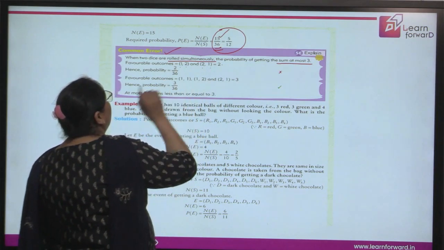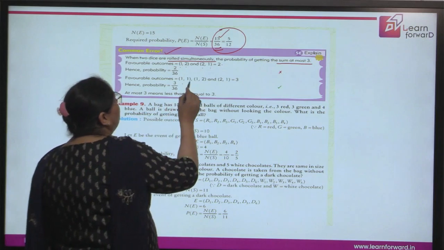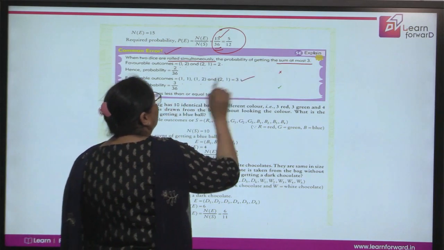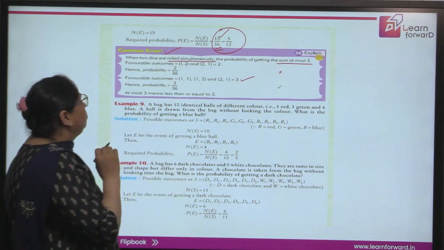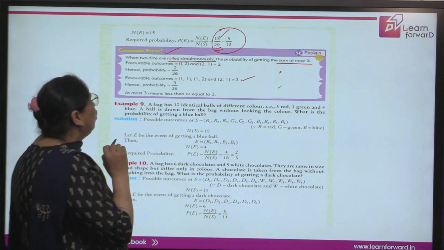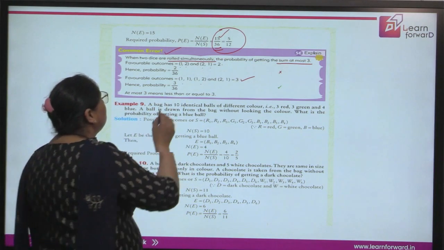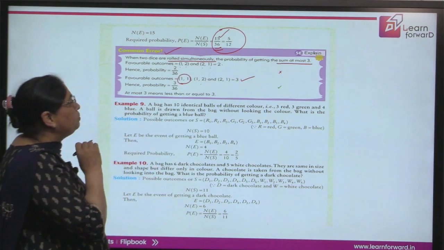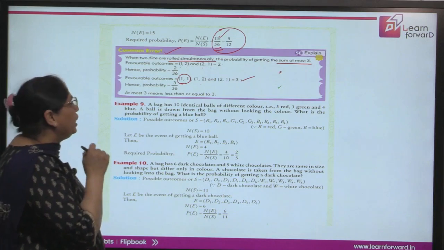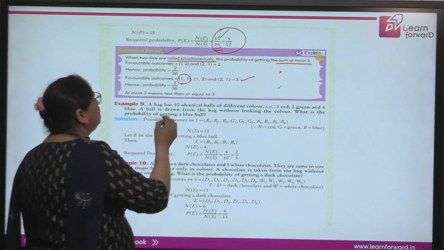But we are not considering 1 1. At most 3 means the maximum is 3, but we can take less than 3 also. So the favorable outcomes are 1 1, 1 2 and 2 1, and the probability is 3 upon 36.